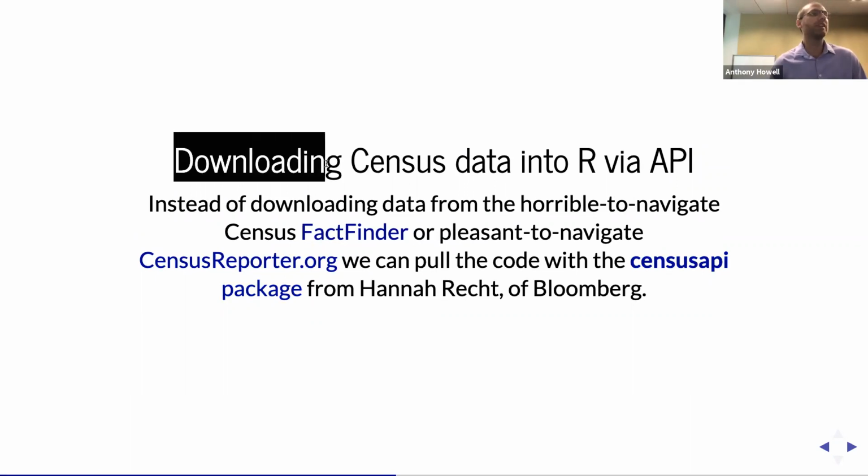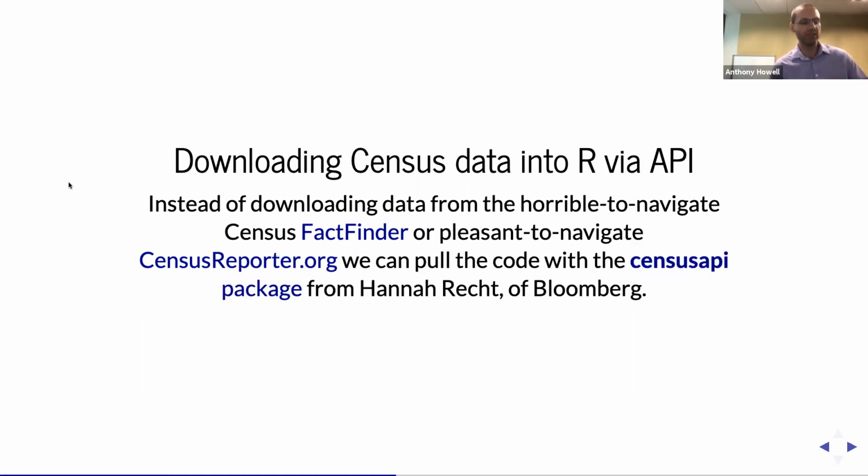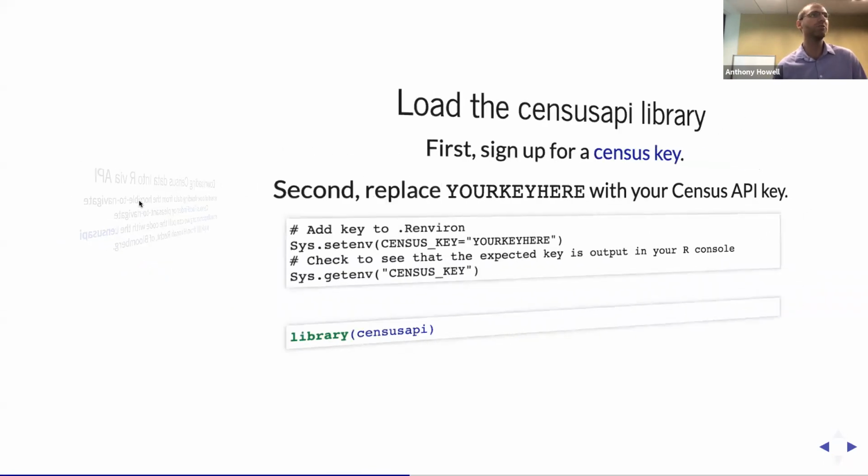The other package will be the Census API package, which will help us download the demographic census data, which is your information on things like the median income of a county, or housing prices, or whatever demographic data you want to use.